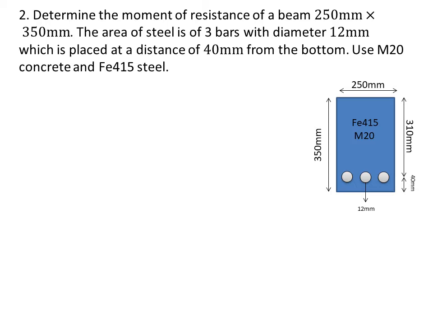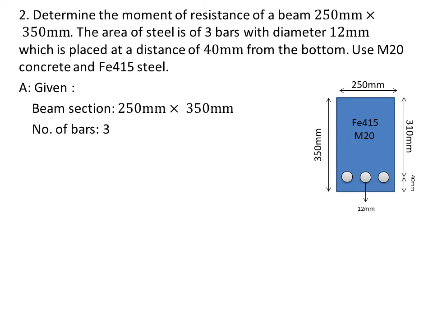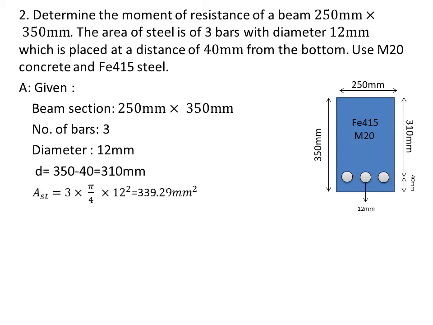So in the previous question I mentioned that if the value of a cover is not mentioned, if it's not mentioned about anything in the question, we consider it as effective. But since the cover is given, the depth given to us is the overall depth of the beam, and we have to minus the 40 mm from 350 mm, and we'll get the effective depth 310.